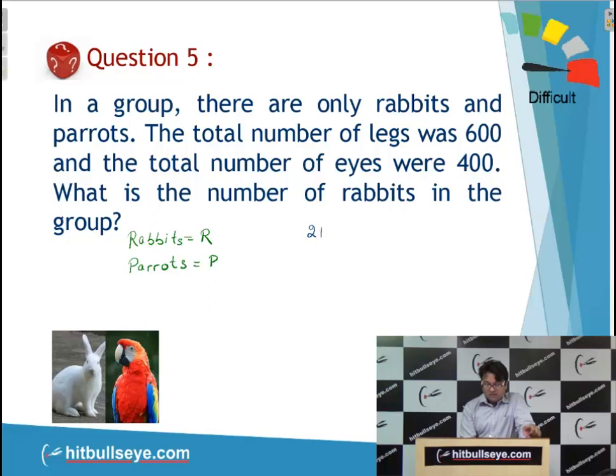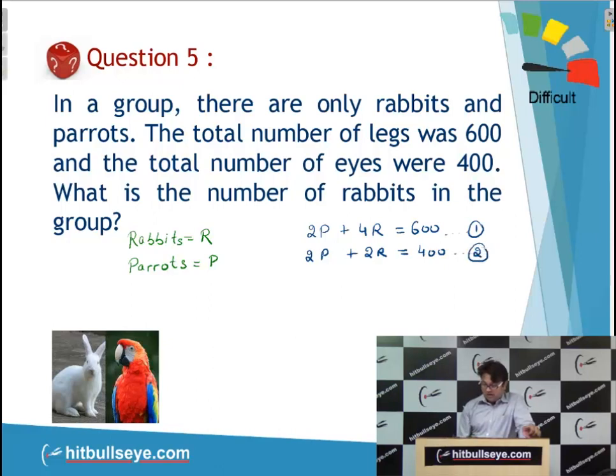So we could say 2 times P plus 4 times R is 600, which becomes my first equation, and the eyes both possess is 2. So 2 times parrots plus 2 times rabbits is equal to 400, which becomes my second equation.